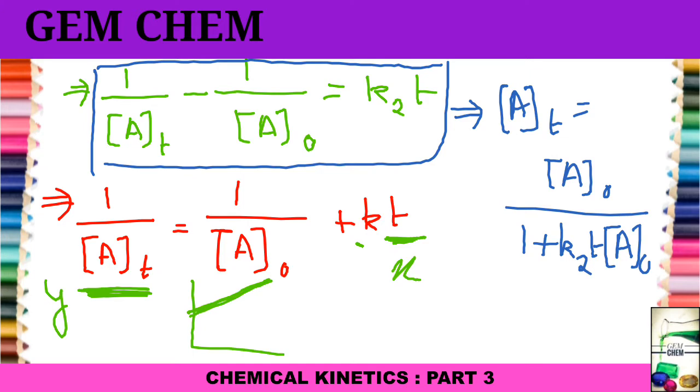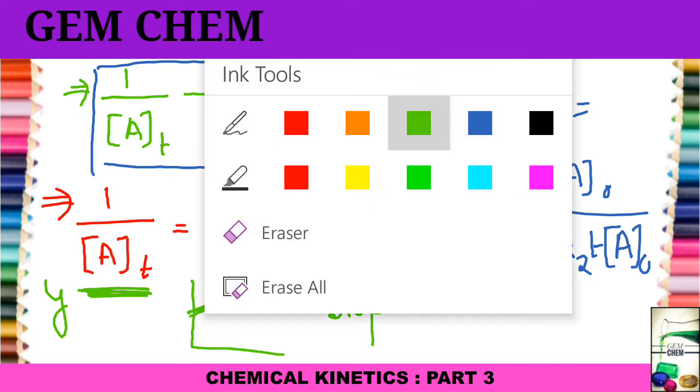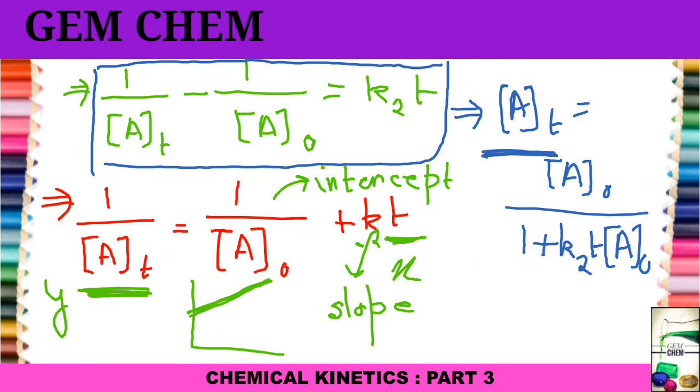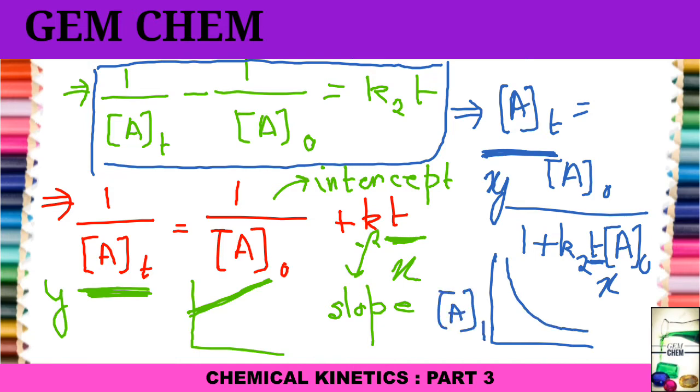The intercept will be 1 by A concentration at time 0, and our slope will be K2. And here we can plot this as Y and time as X, and we will get a graph like this. And this is our A and this is our t. Okay, we will see each graph separately in the next slides.